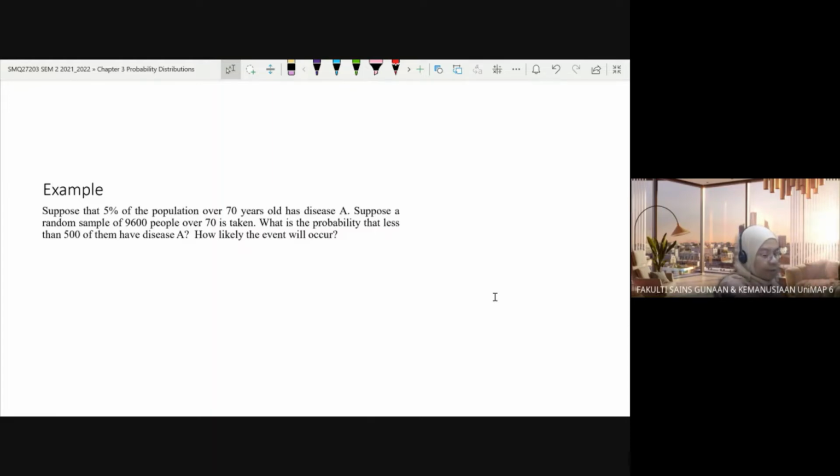Suppose that 5% of the population over 70 years old has disease A. Suppose a random sample of 9,600 people over 70 is taken. What is the probability that less than 500 of them have disease A? How likely will the event occur? When you read certain questions, what should come into your mind is to analyze.